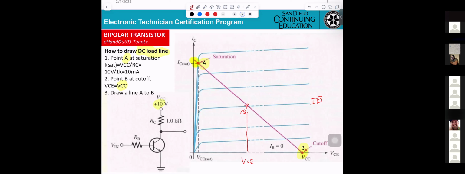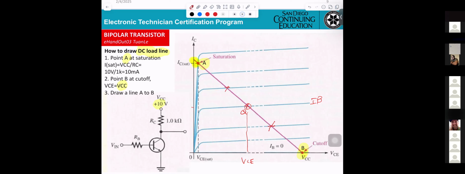Go to the left, you get IC. Okay, they must be on the load line. You don't want that, they have to be here. Okay, or here, anywhere. However, we want amplify supposed to be in the middle.